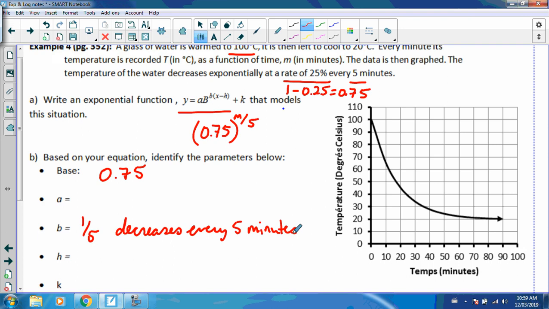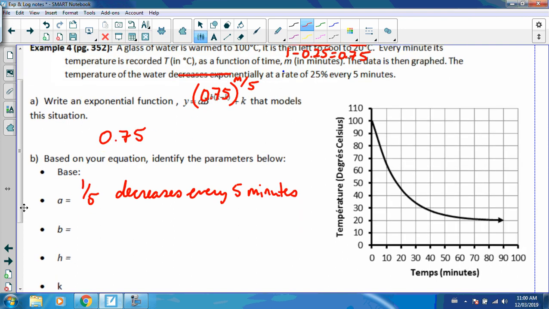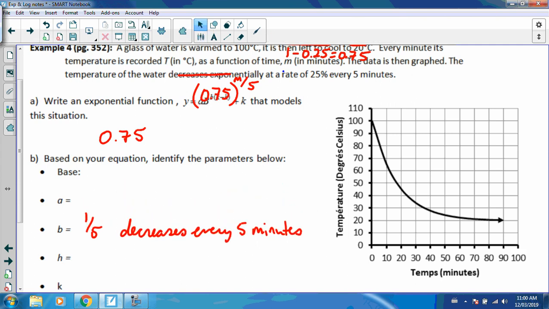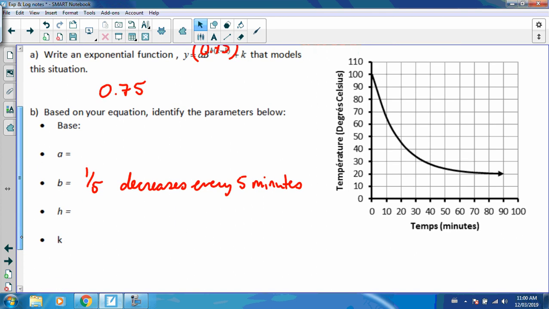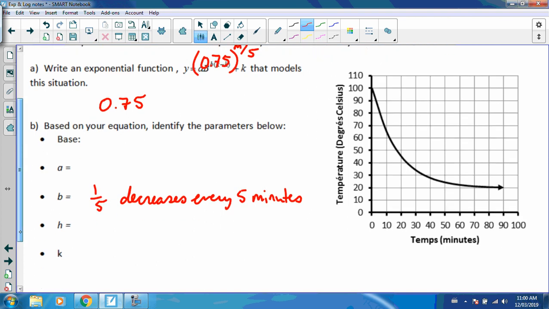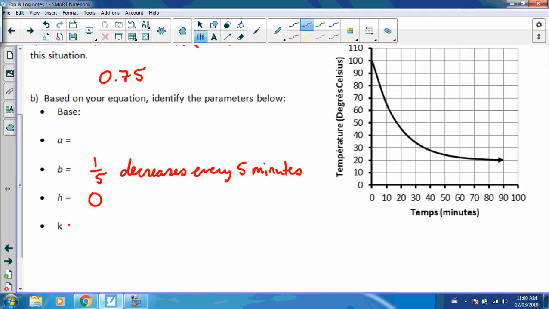All right, h in this case is going to be 0. Okay, h is 0.